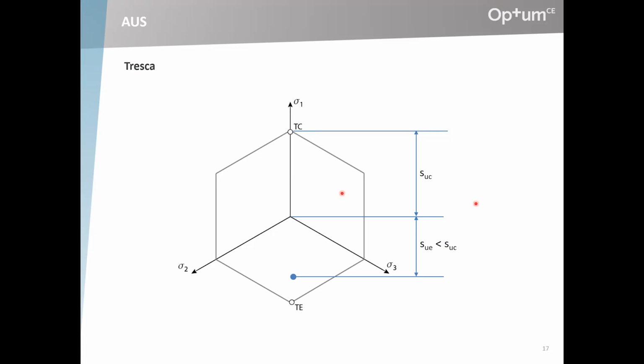So you will have a difference between what I call SuC and SuE. And if we assume that we are dealing with an isotropic material, well, then we have this point mirrored onto these 2 points. So this is the same triaxial extension corner as this one. And we can then draw some straight lines through the failure points. And so this gives a different failure envelope than the standard Tresca hexagon.